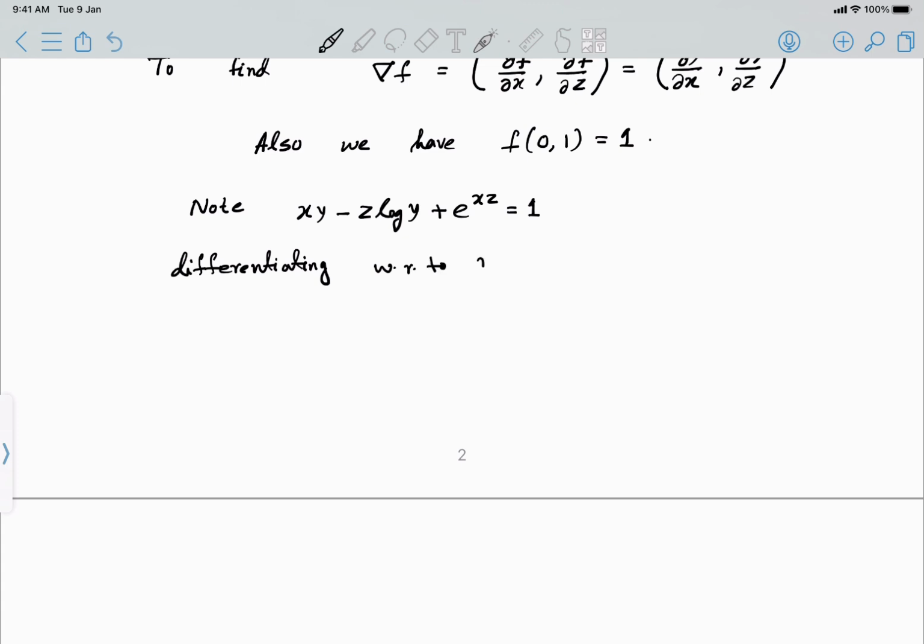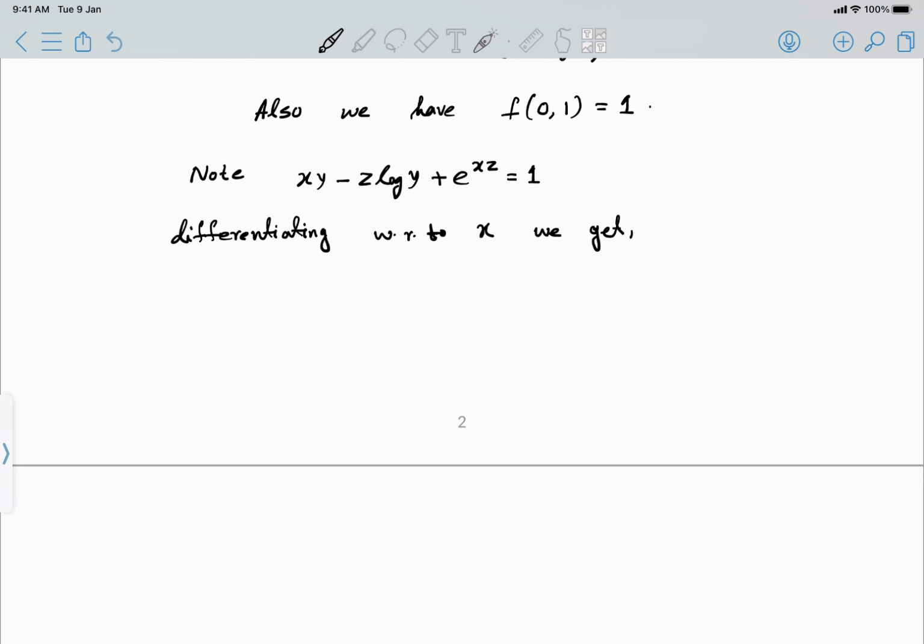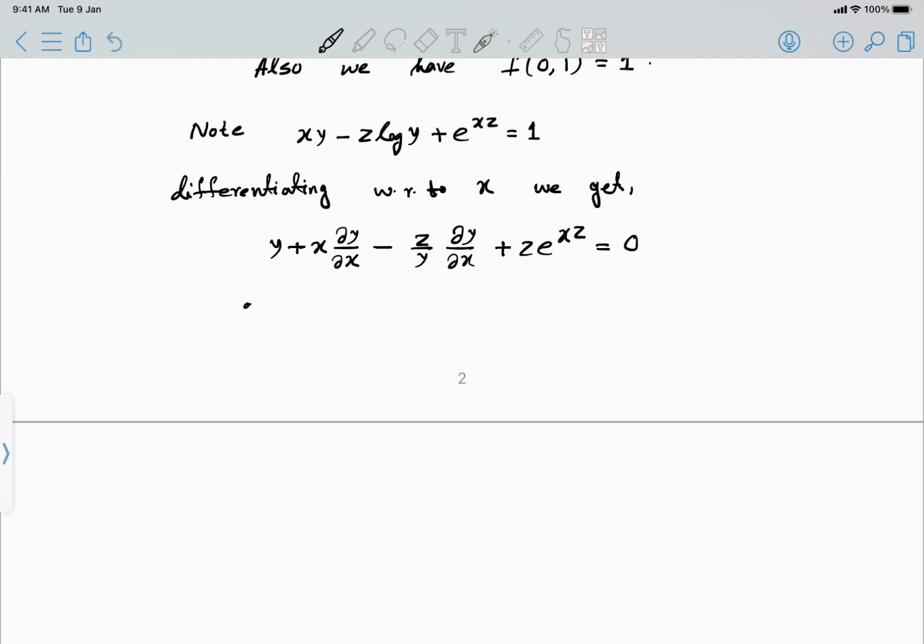Differentiating with respect to x, what will you get? y is a function of x and z. So the first derivative of x is 1, so you get y plus x del y by del x, minus, as z is an independent variable, z by y del y by del x, and xz differentiated with respect to x gives plus z e to the power xz, equals 0.